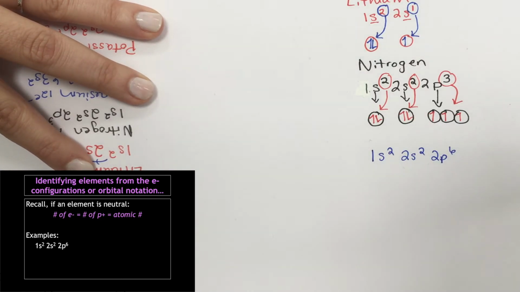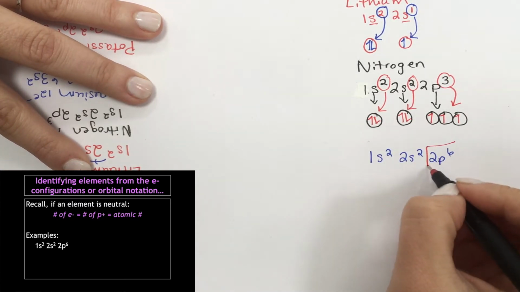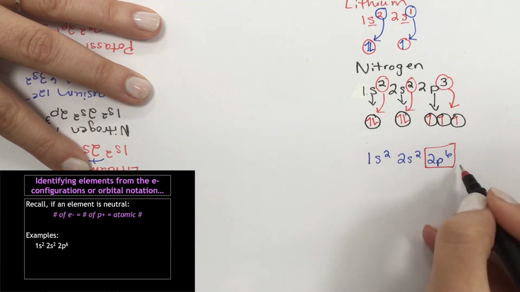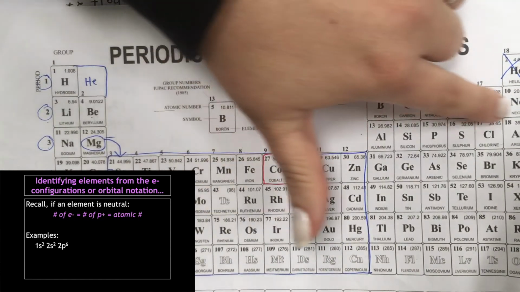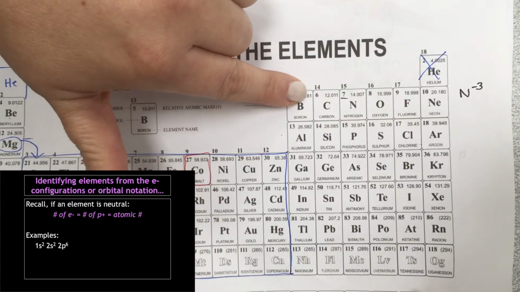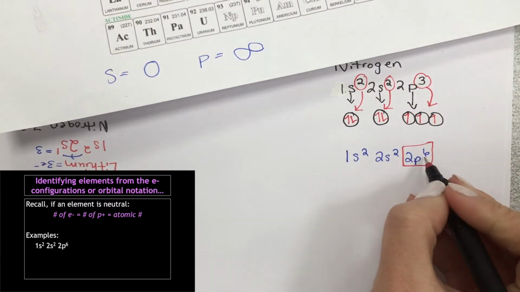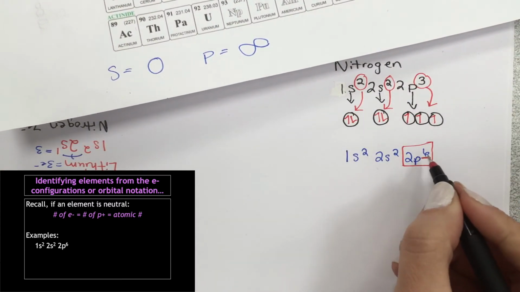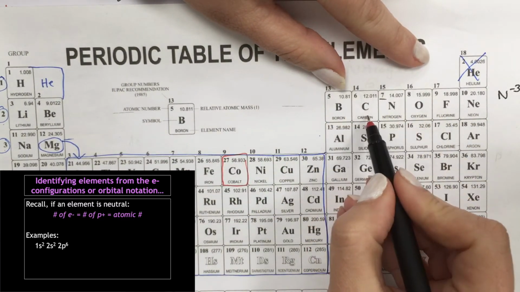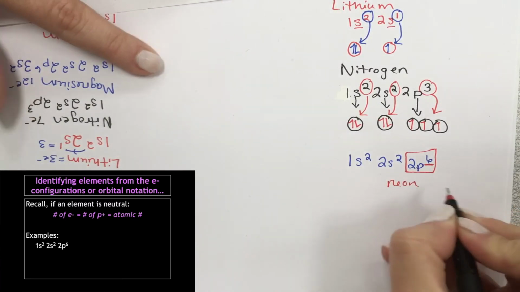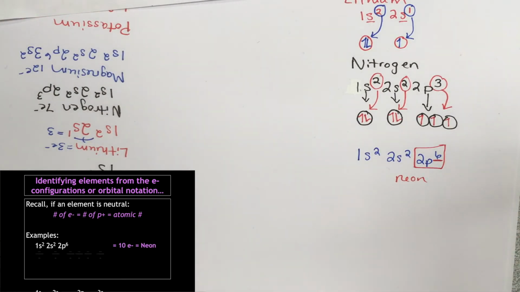It's 2p, so I know it's not 1, it's 2, and it's not s, so it's somewhere here. Then you look at the superscript number: 2p6, so 1, 2, 3, 4, 5, 6, and the answer is neon. That's how you identify elements from the electron configuration.